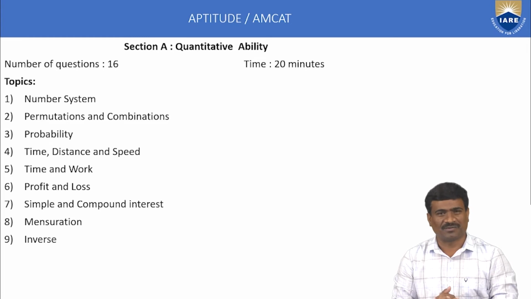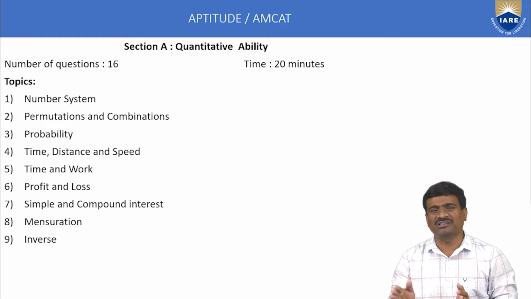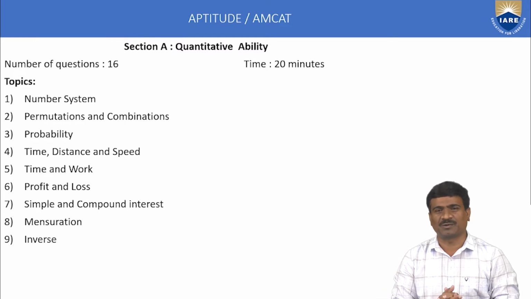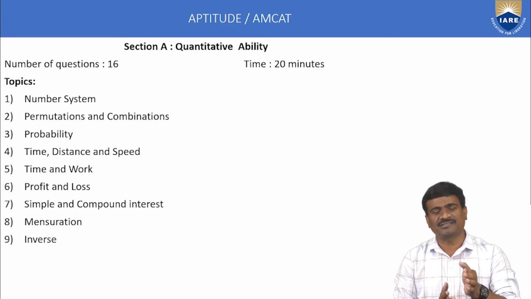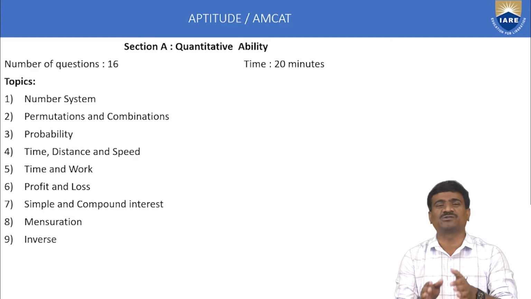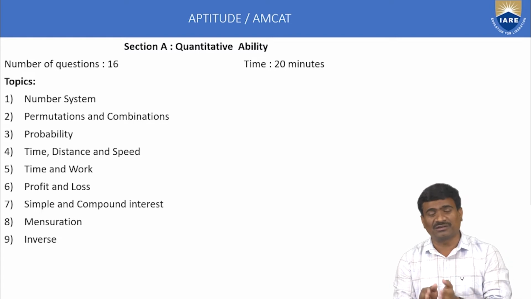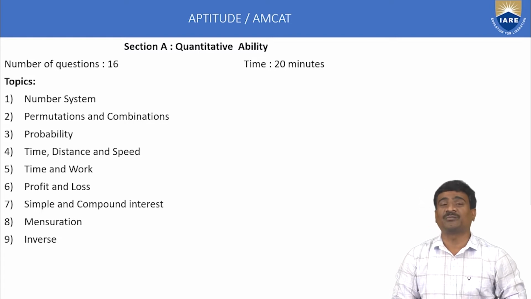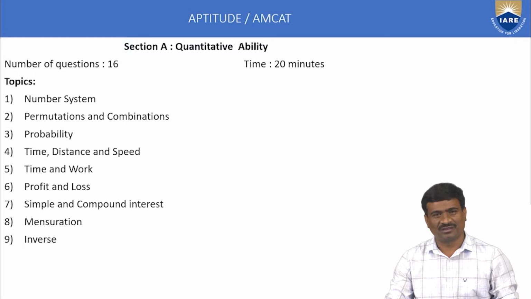Application means first method, time is equal to distance by speed, and their applications: when time is constant, when distance is constant, when speed is constant, and conversions are also important. Those models only are important to AMCAT.